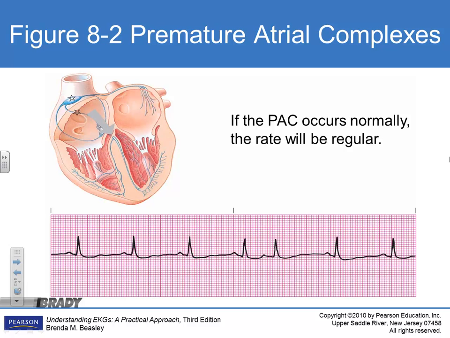Okay, where's the PAC here? Yep, right here. Look at the shape of the P wave and the PR interval compared to the others. Yep, it's upright, but it's shaped a little bit different. The PR interval is a little bit longer, and you can see that it's closer. So when you look at this rhythm, you would say it's irregular, but what's the underlying rhythm?